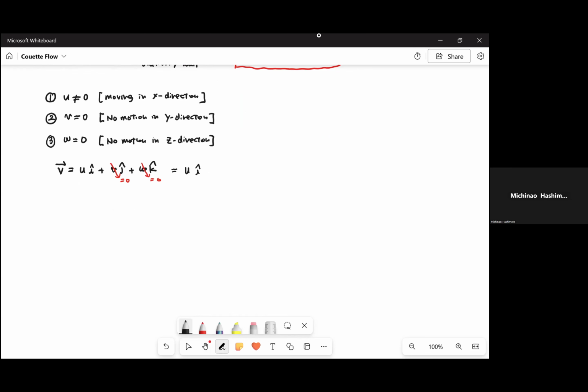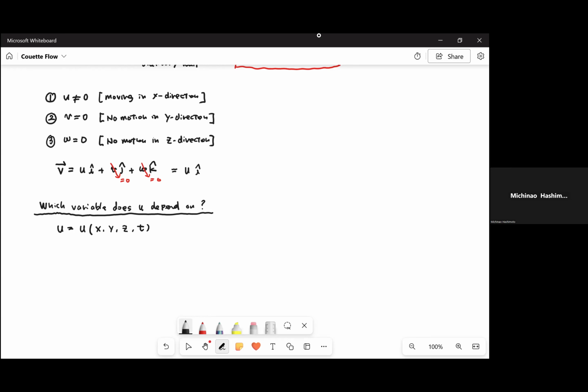Now the second thing we want to think about is which variables u depends on. This is really an important question to think about. In general, u can potentially depend on four variables: x, y, z, and t.